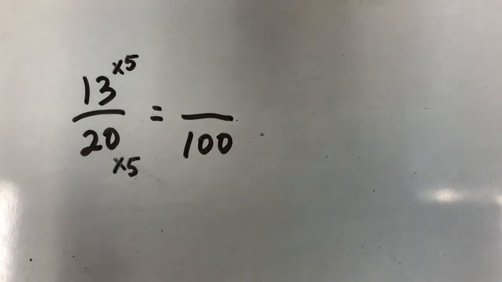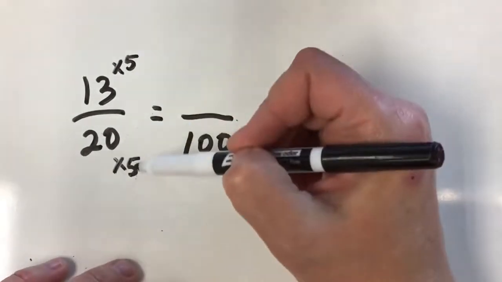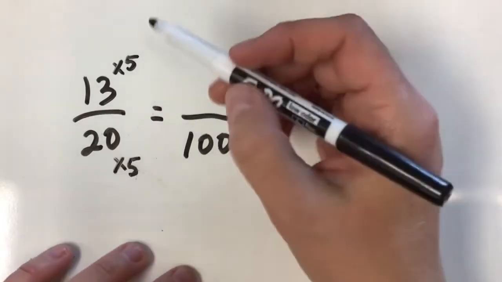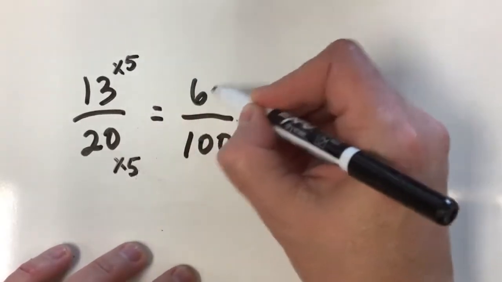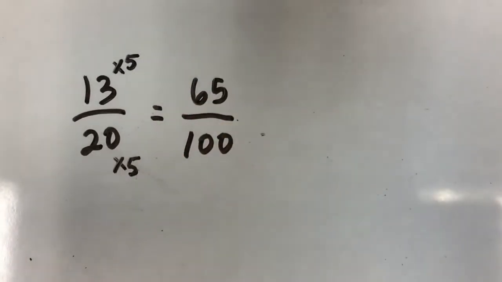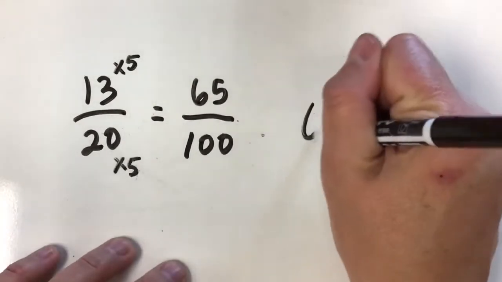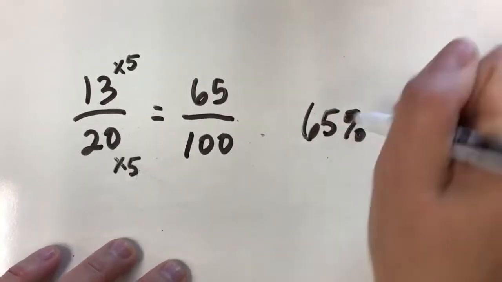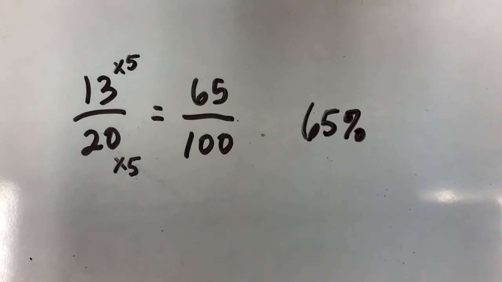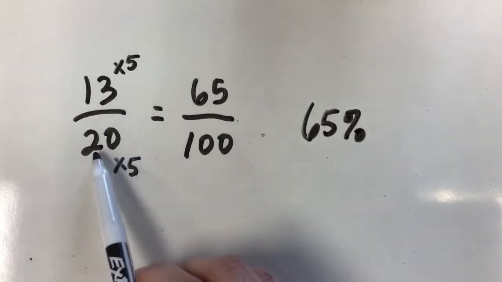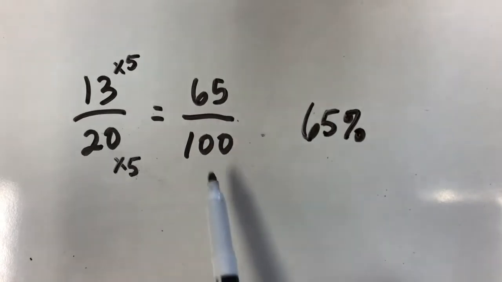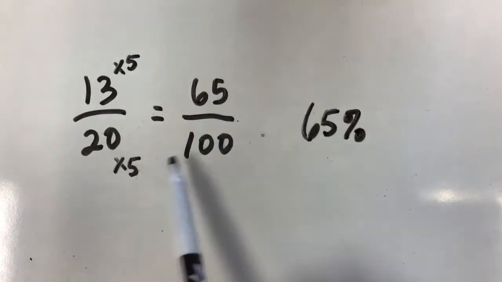They act exactly like fractions. So we would need to do the same to the top and bottom. Well, 13 times 5 is 65. So that would mean that 65% of people in this survey have pets. We took our ratio and we made it into a percent by figuring out how many it was per 100.